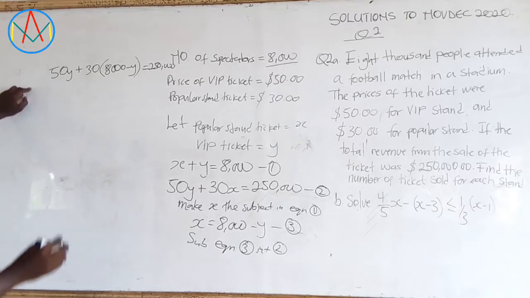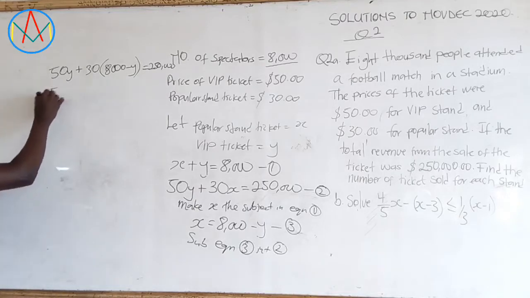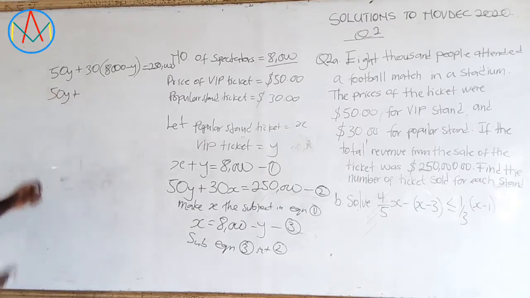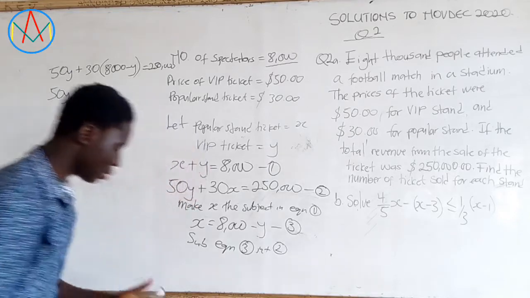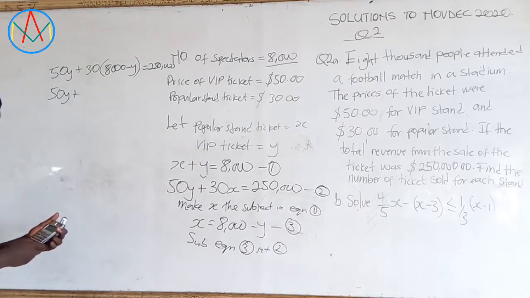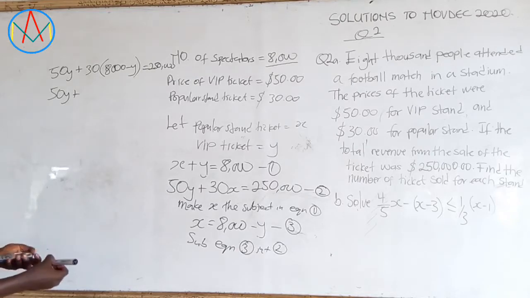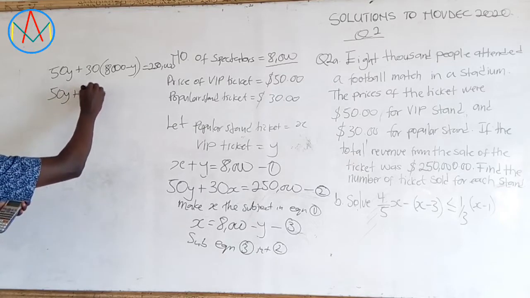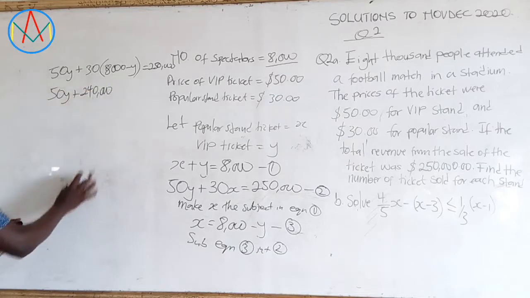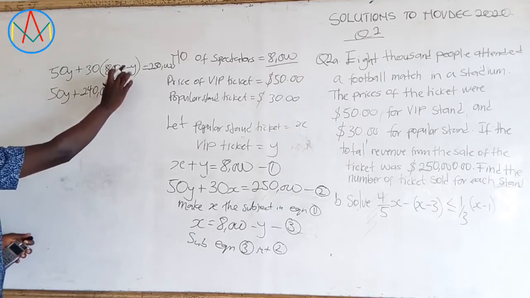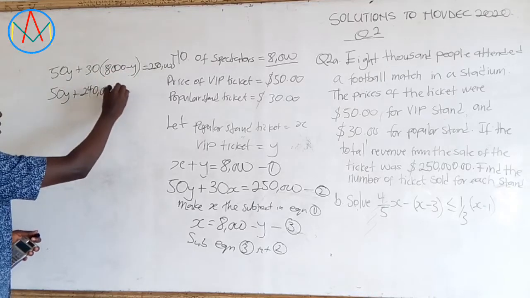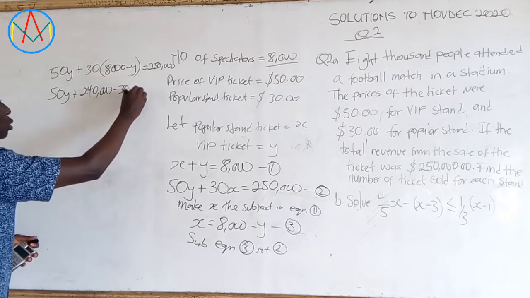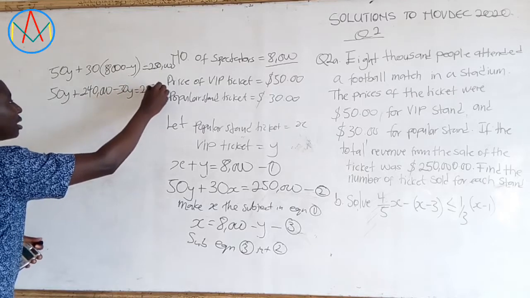Now 50Y plus 30 times 8,000. Let me see what I'll get. 30 times 8,000, I'm going to get 240,000. And 30 times minus Y, I'm going to get minus 30Y, equals 250,000.